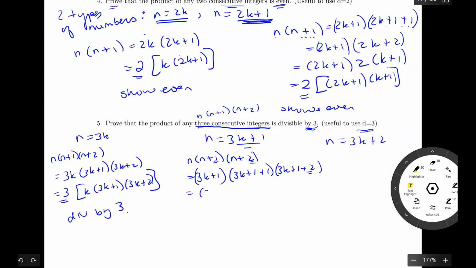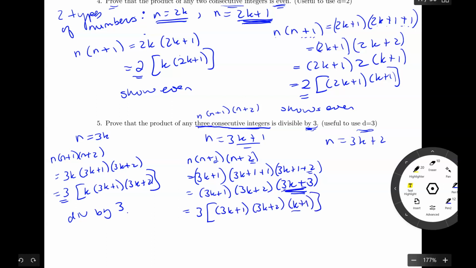So what does this simplify to? 3k plus 2, and here I get 3k plus 3. Let's factor a 3 out of this. You don't have to have that many steps here. 3k plus 2, and then k plus 1. I factored the 3 out, left with this, so this shows it's divisible by 3.